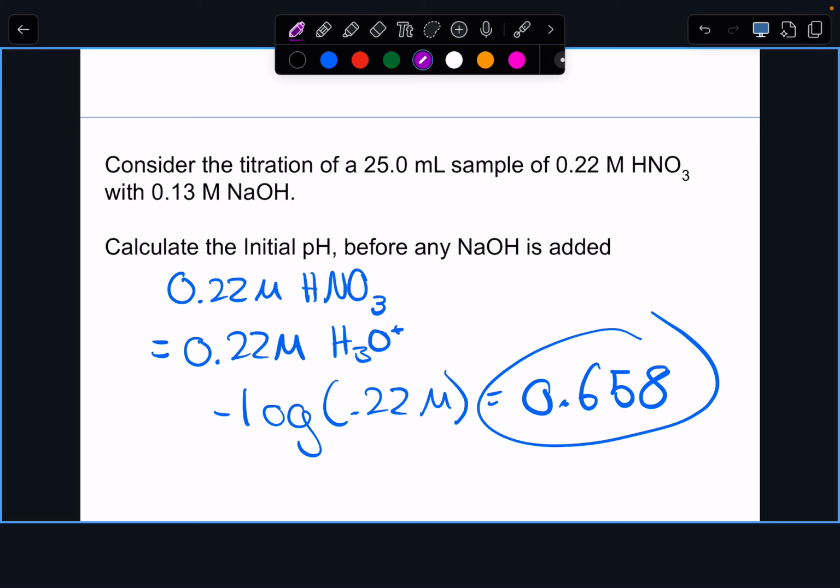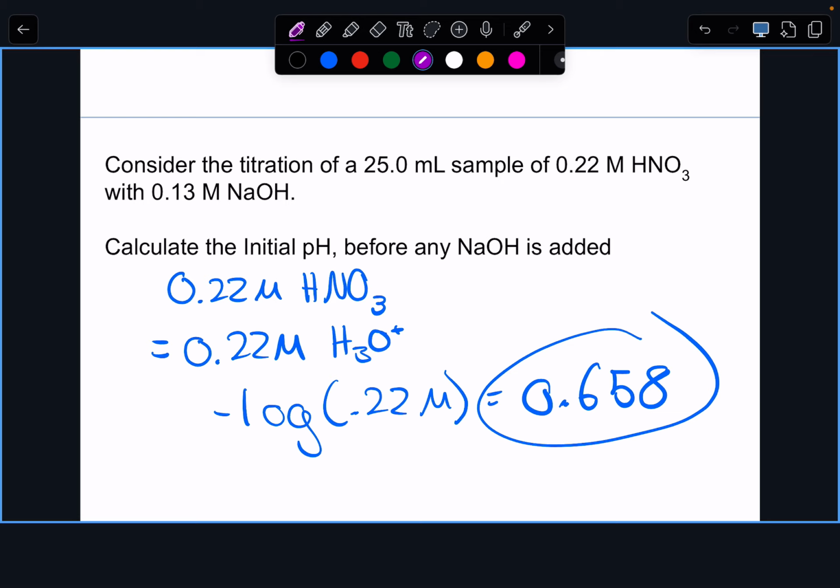It's okay. So we're titrating 25 mils of 0.22 molar. So that's what's in our flask. In our burette is 0.13 molar NaOH. And we're saying how much volume do I have to let out before it turns pink? Meaning we've hit the end point, which is moles acid equal moles base. Okay?